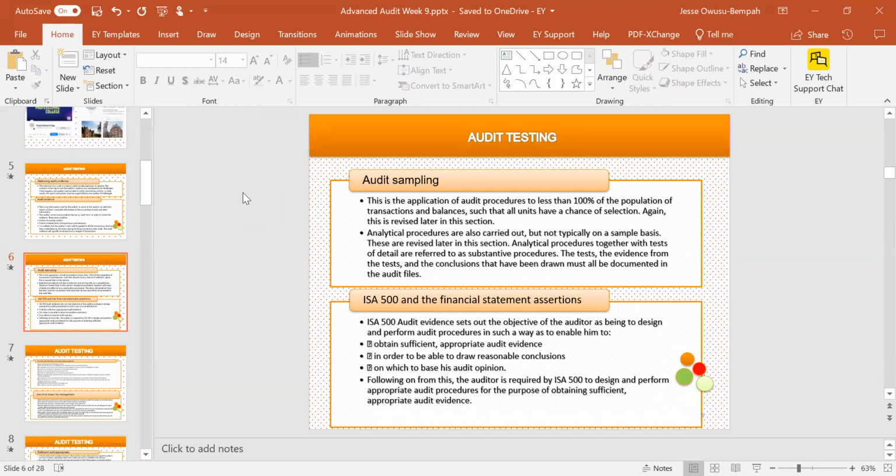And when we say audit procedures, it's nothing strange.